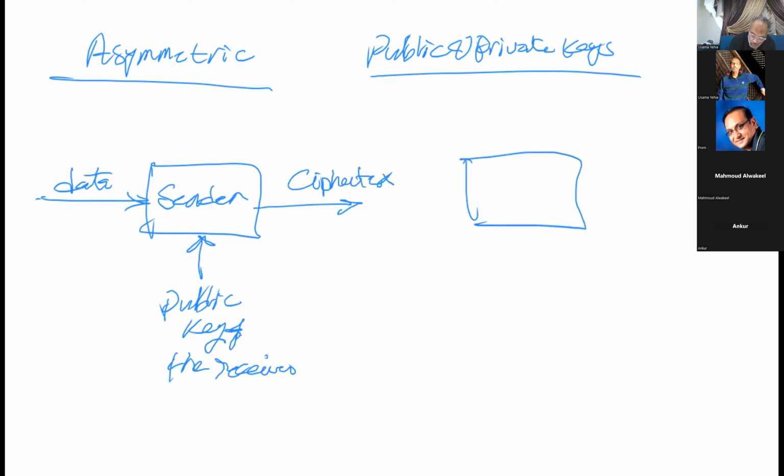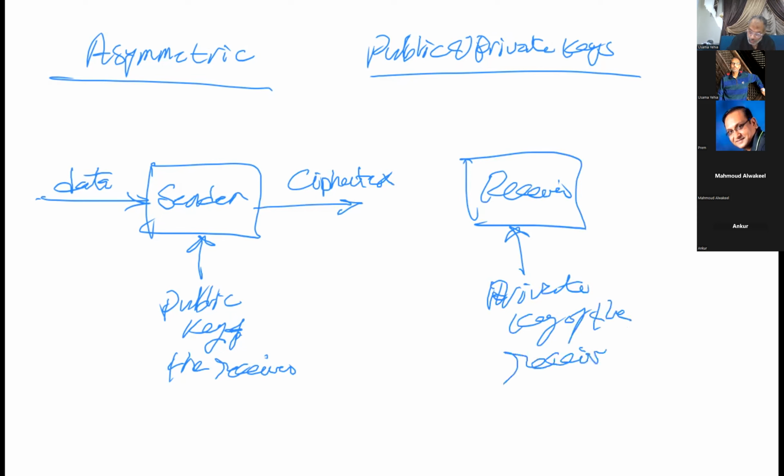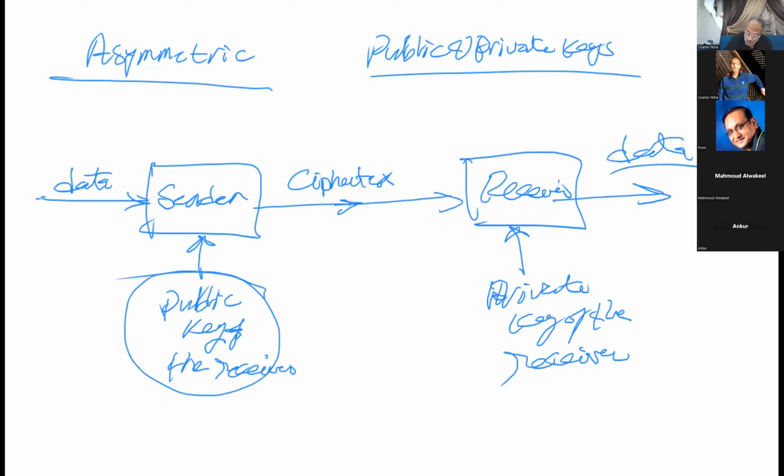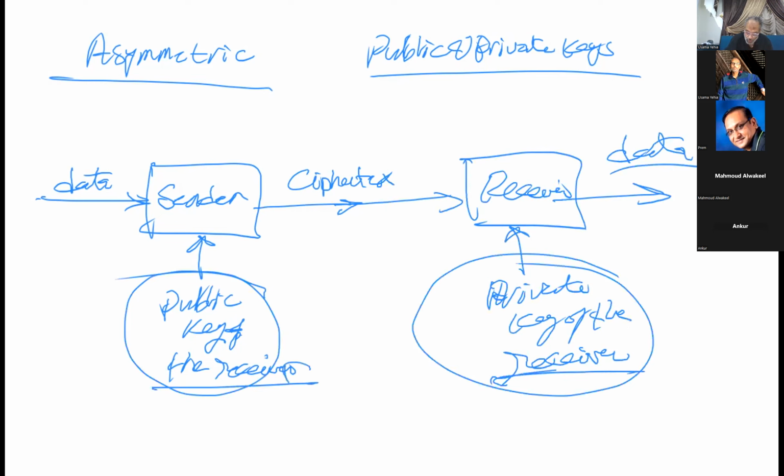This ciphertext will go to the receiver. He will use his private key, and he will be able to get the data. This is the concept. As you can see here, public and private, both of them for the receiver. Why? We will explain this within a few minutes.